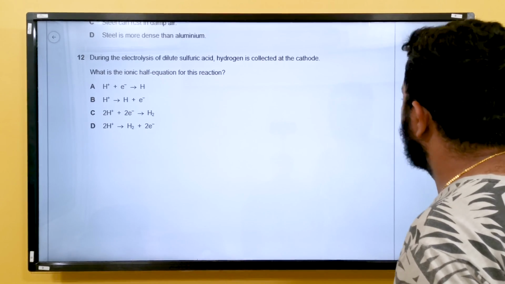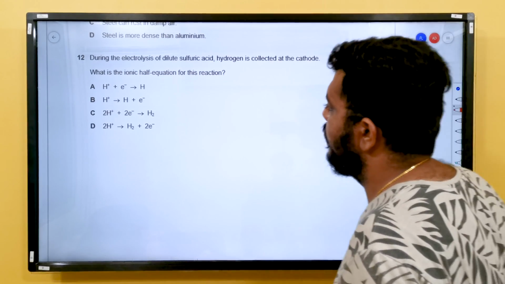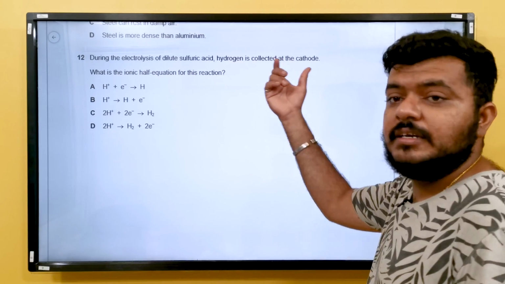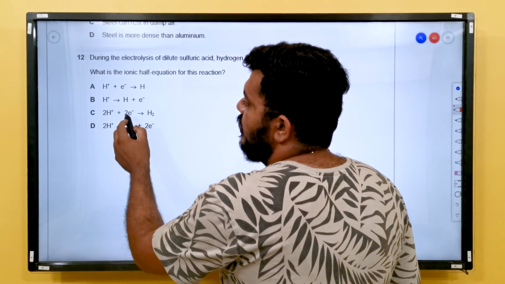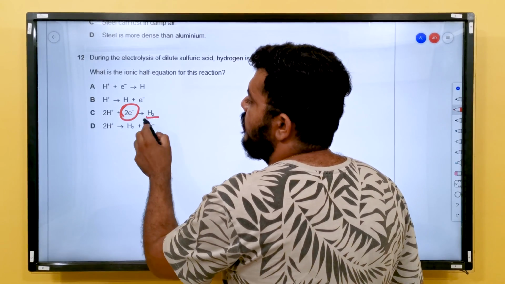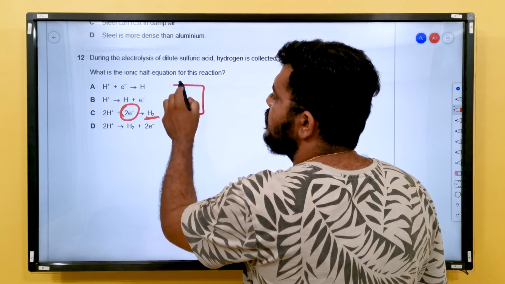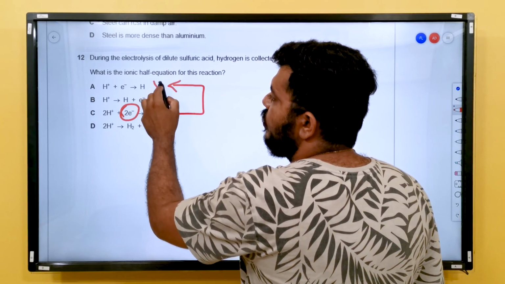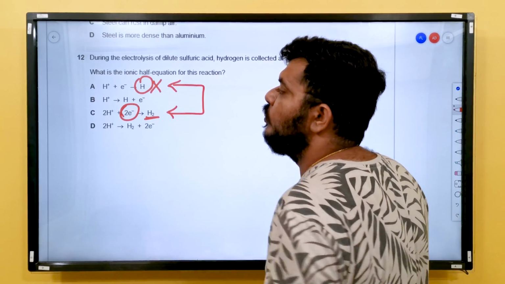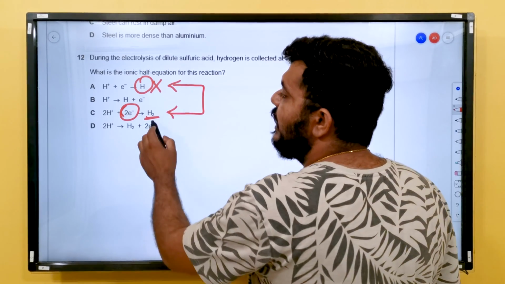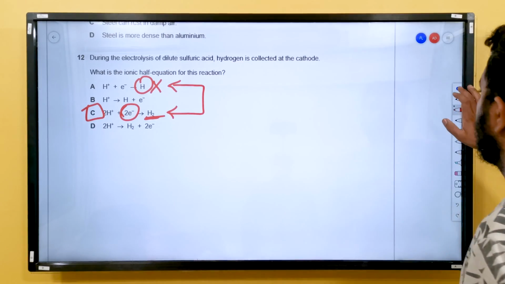Right. So they want us to tell how hydrogen is liberated. Where is it liberated? At the cathode. So hydrogen ions come, they gain 2 electrons and form hydrogen gas. Okay, these two reactions are similar, but this is not your answer because it is not balanced. Hydrogen is not a monoatomic gas, it's a diatomic gas, and therefore C is your correct answer.